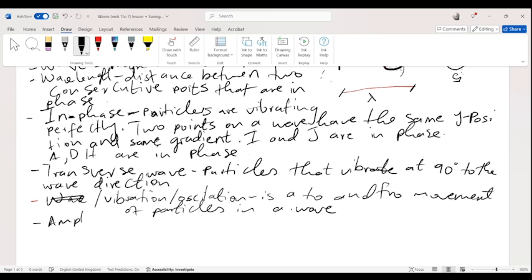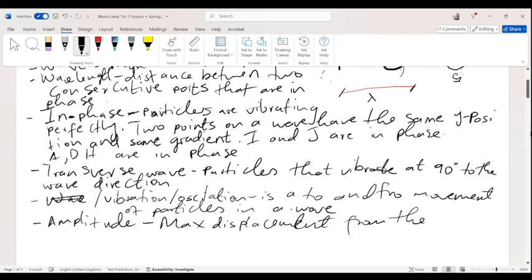So I said something about an amplitude. Amplitude. This is the maximum displacement from the position of rest.